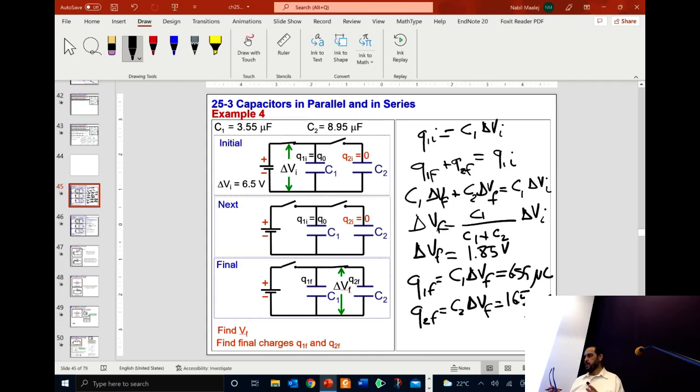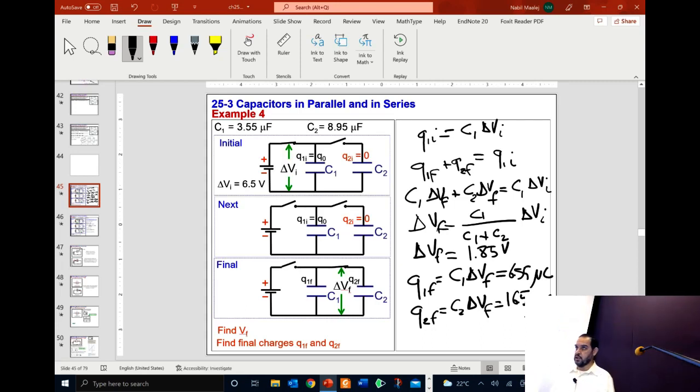So you have to do it step by step. If you have conservation of charge, you have to apply conservation of charge. In this case there is conservation of charge, the battery is not connected anymore. Okay, let's proceed.